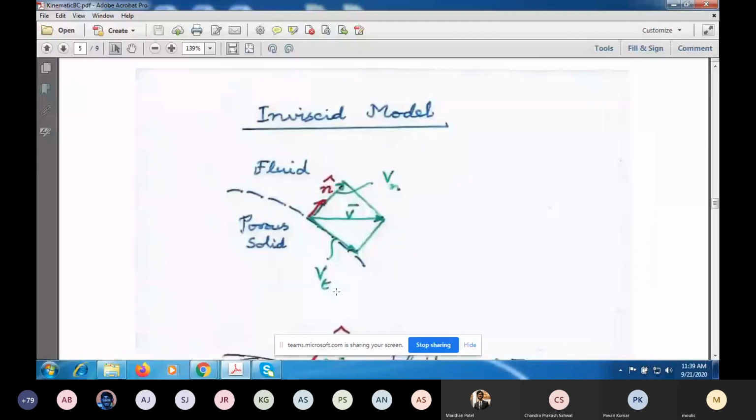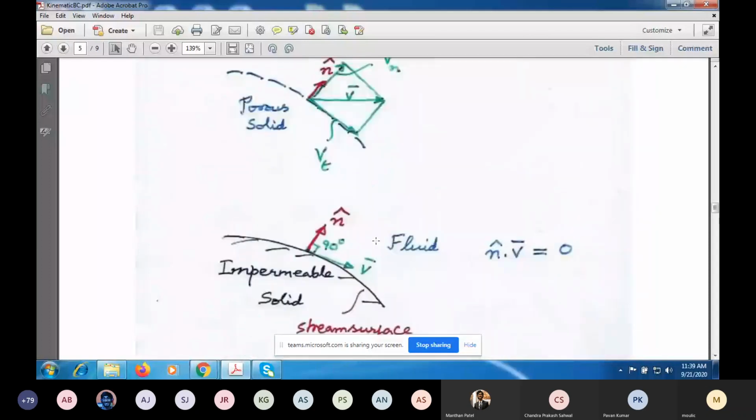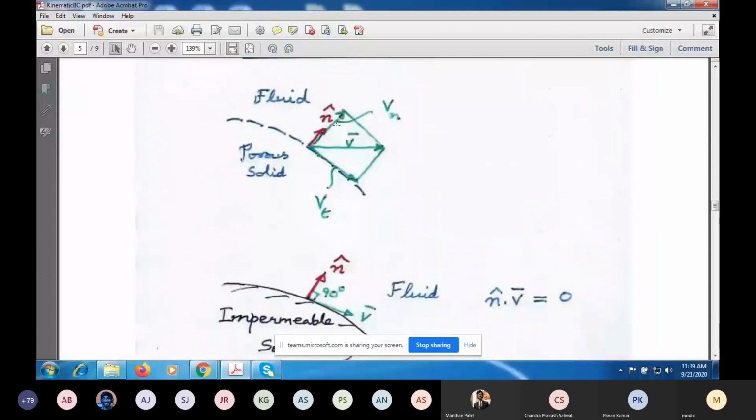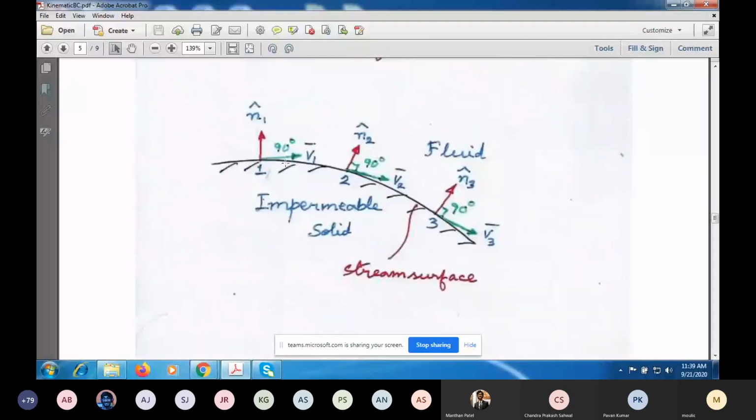So we are looking at what we call the inviscid model, and I've shown these two figures earlier, but I've shown them here again. And I have a third surface and a third figure here, which is a curved surface like this. You have fluid above and an impermeable solid below, and the interface between the solid and the fluid is a curved surface. So I've shown points 1, 2, and 3.